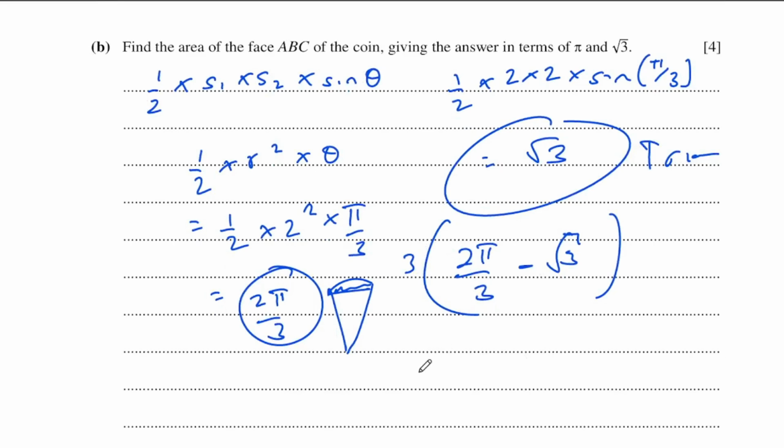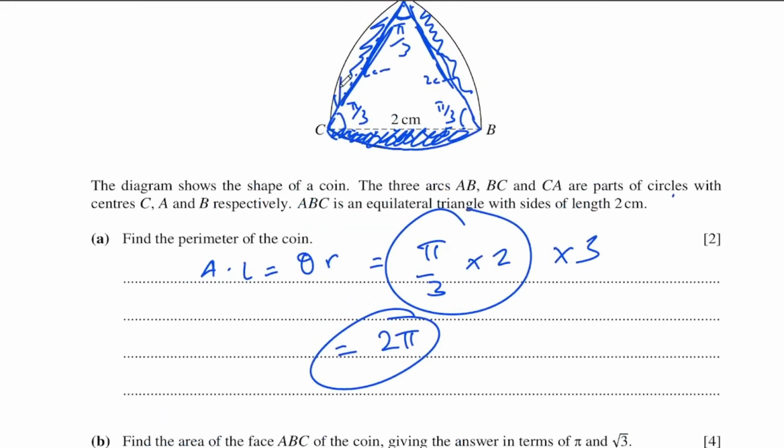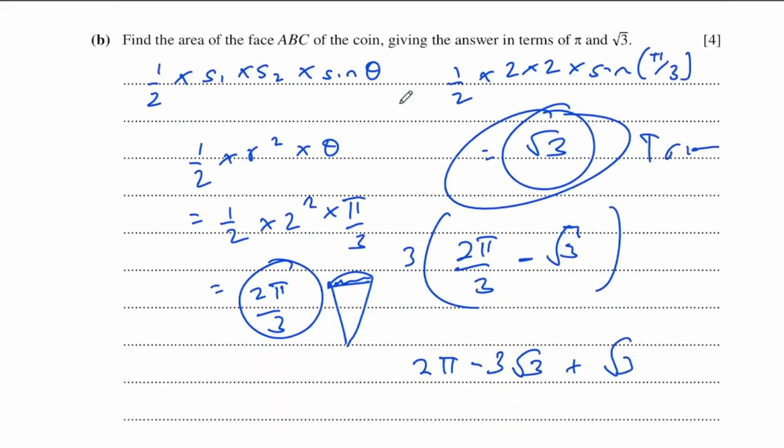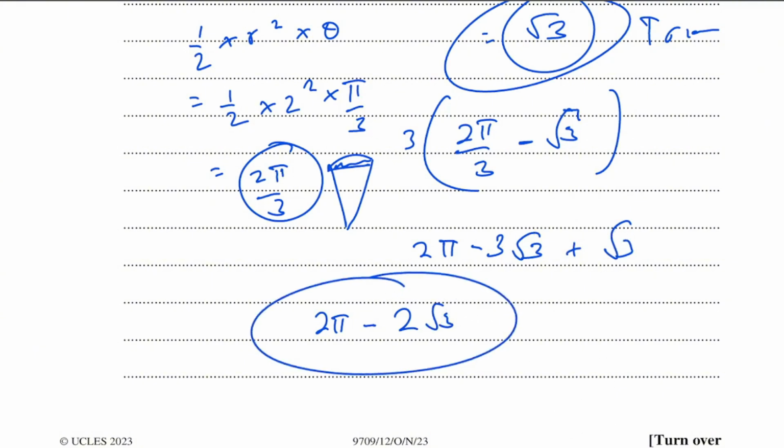We're going to end up with 2 pi minus 3 root 3. And then we add the area of the triangle, so root 3. So basically we multiplied this by 3, we got the minor segments, and then we also added the area of the triangle at the end. And so we end up getting 2 pi minus 2 root 3, because negative 3 root 3 plus root 3 is negative 2 root 3. And that's going to be your answer for this section.